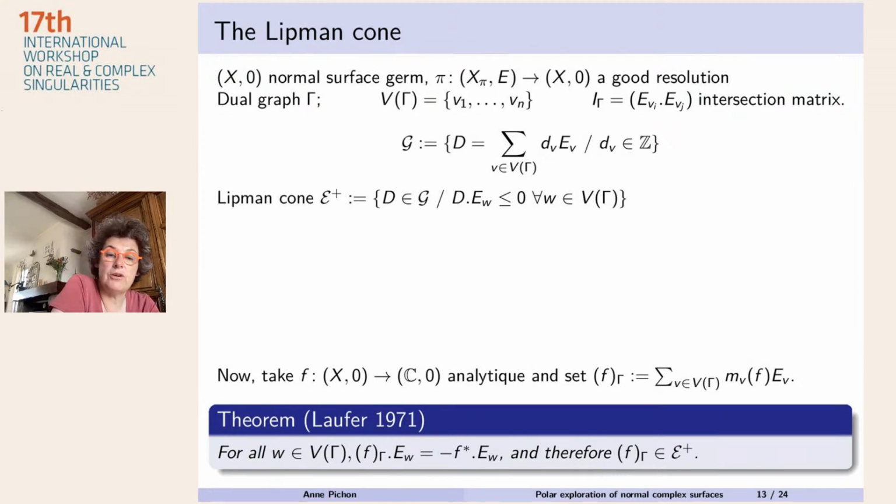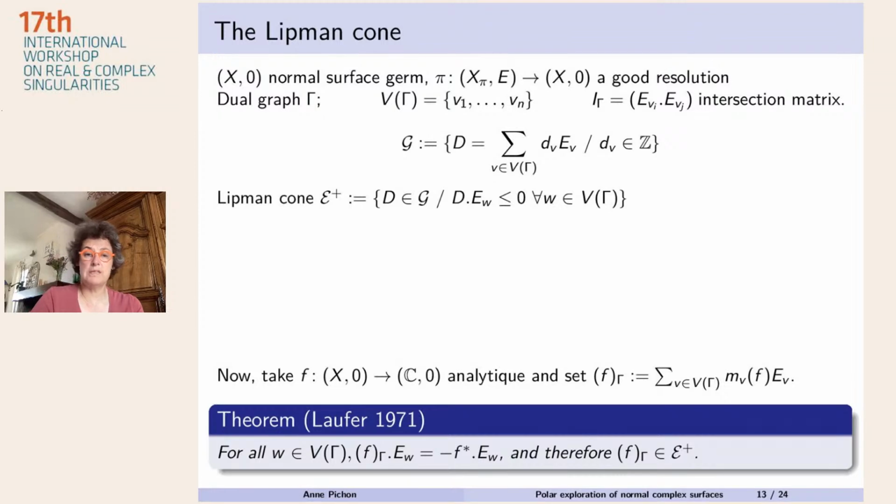By a classical theorem of Laufer from 1971, for all W vertex of gamma, the intersection between the divisor f gamma and EW equals minus f star EW, where f star is the strict transform of f. So what you get is indeed a negative number. And it tells you then that this divisor f gamma belongs to the Lipman cone.